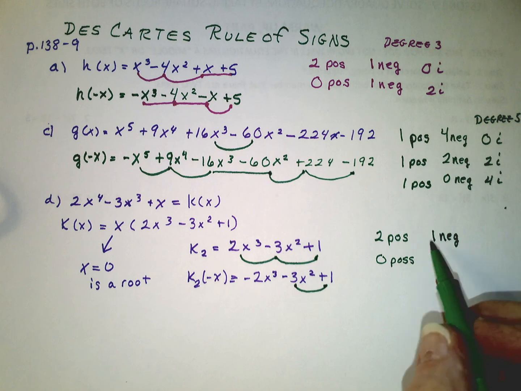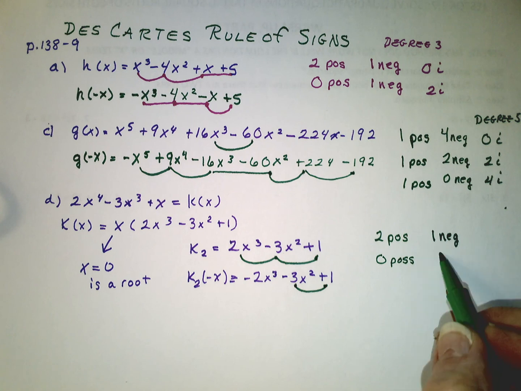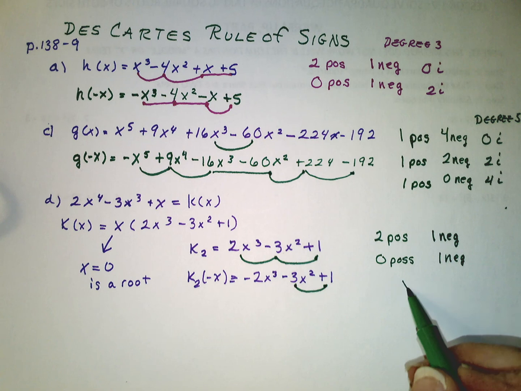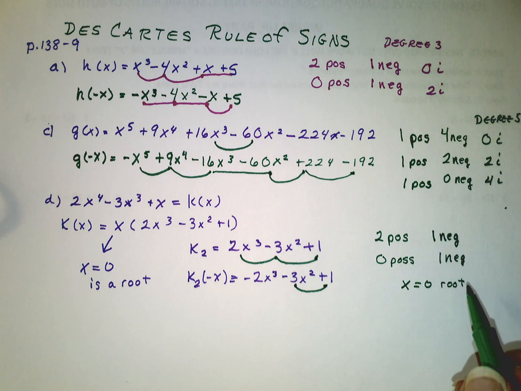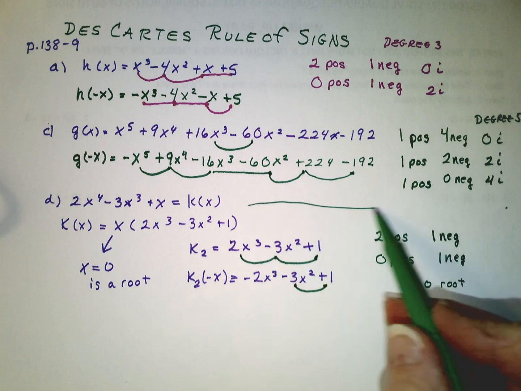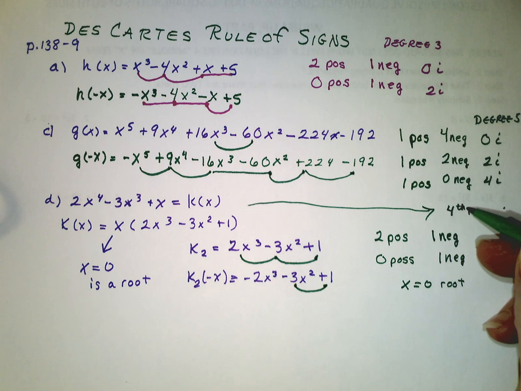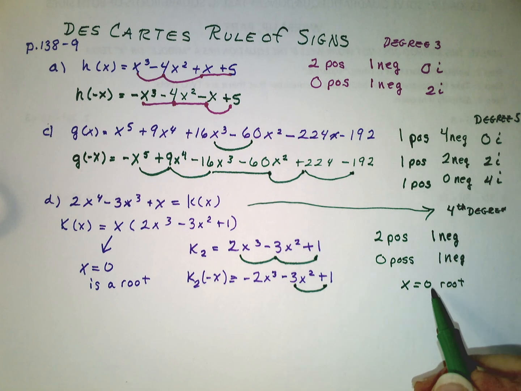And that's all. If there are 2 positive roots, there's going to be 1 negative. If there are no positive roots, there's going to be 1 negative. And we already have that x equals 0 is a root. So the original equation was 4th degree. We have 1 root already.